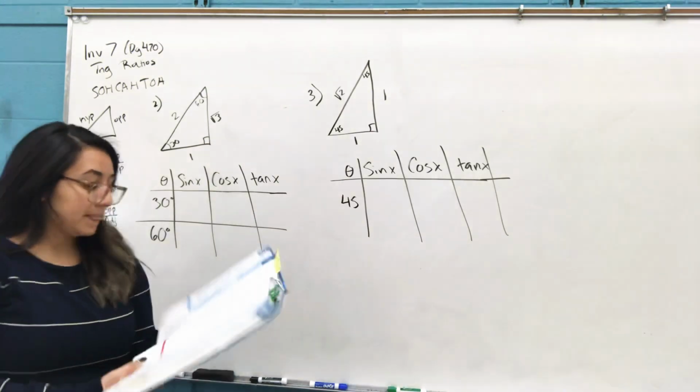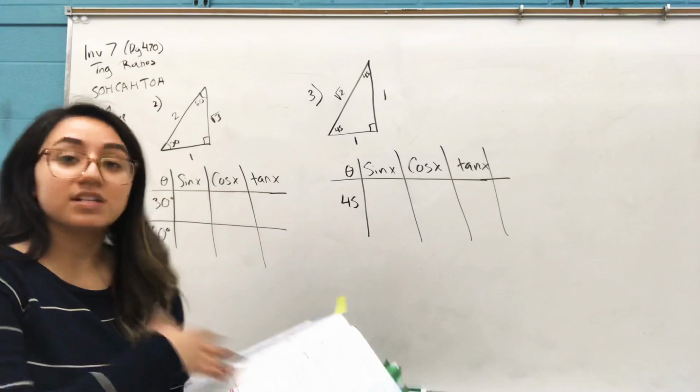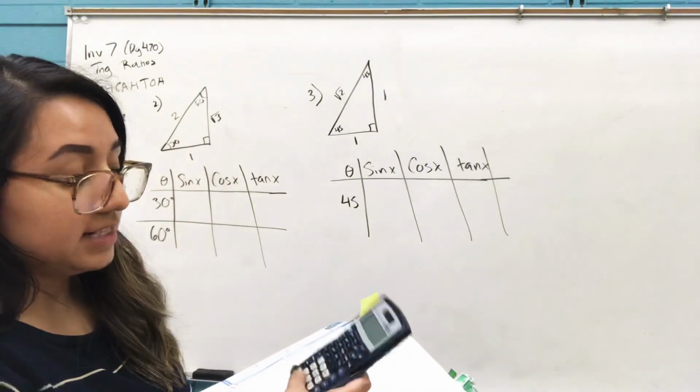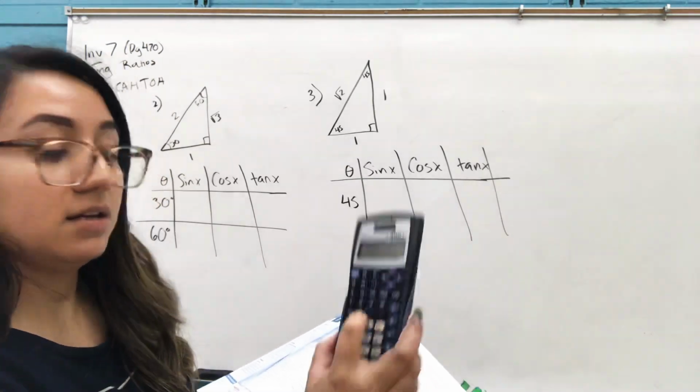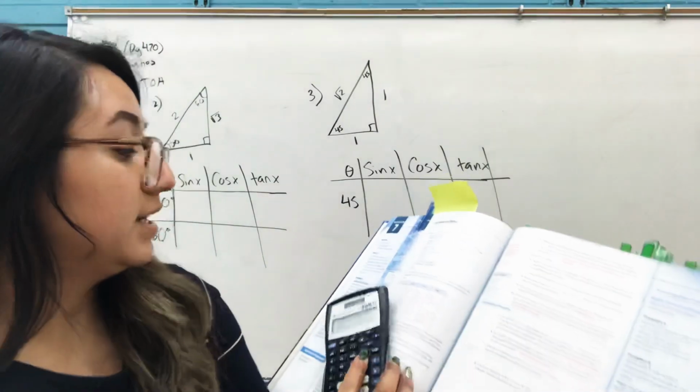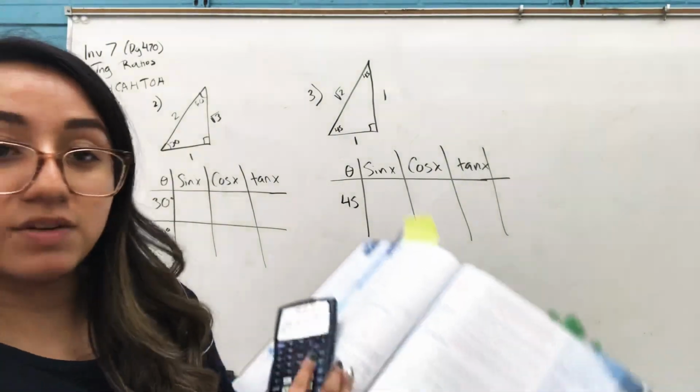For number 1, it says there's a way to use your calculator for all of these. Your sine, cosine, tangent buttons are up here, those 3 buttons. Let's say for the first one, x is 0 degrees, on the chart in your book.